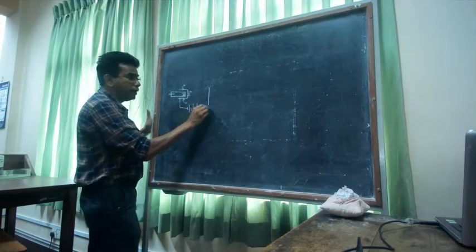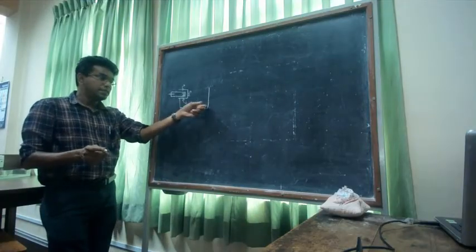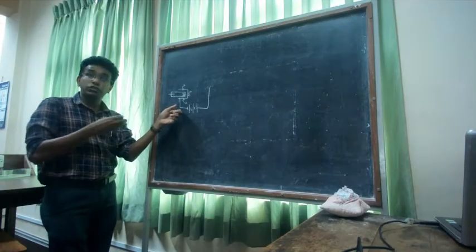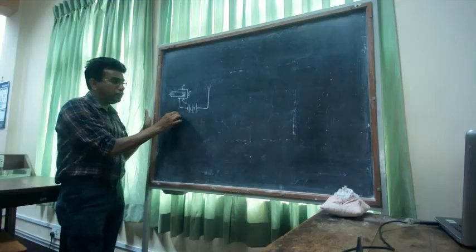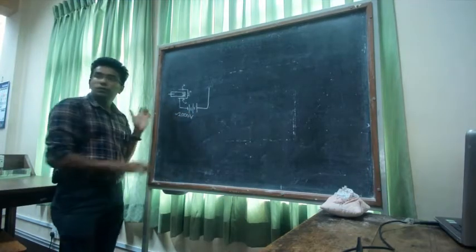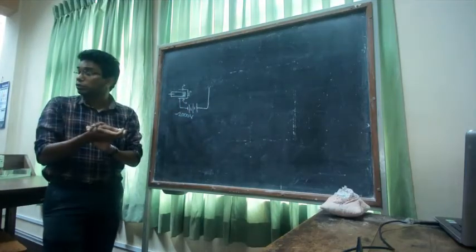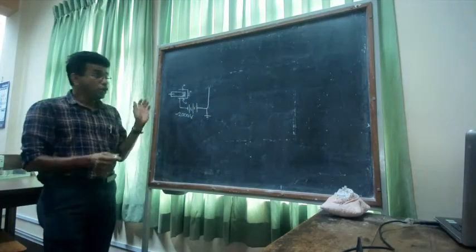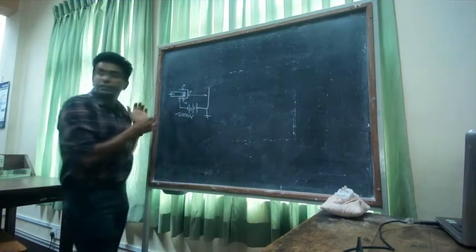Typically this is like the ground. In order to make sure that there's a large electric field, the cathode is somewhere around minus 2000 volts, 2 kilovolts, minus. So with respect to this, the anode is positive 2000 volts. Typically this side is grounded. So what happens is electrons get attracted here, right?